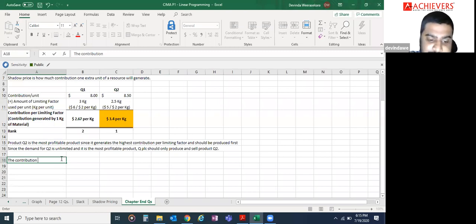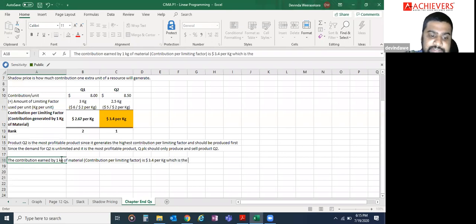The contribution earned by 1 kilo of material, contribution per limiting factor, is $3.4 per kilo, which is the same as shadow price.